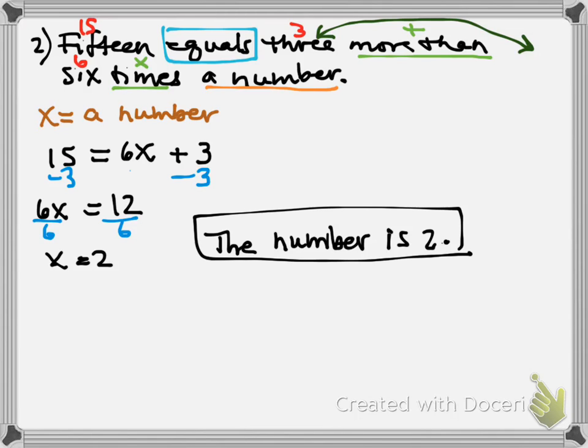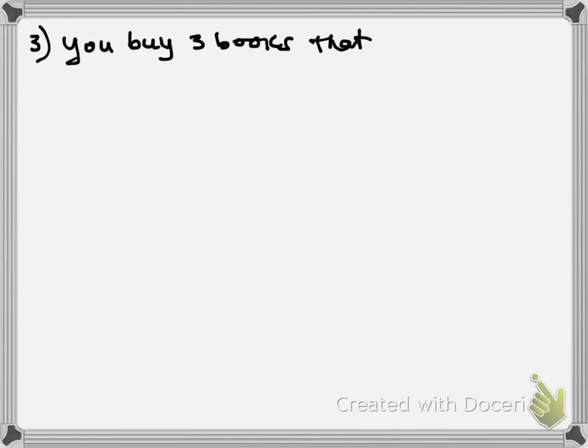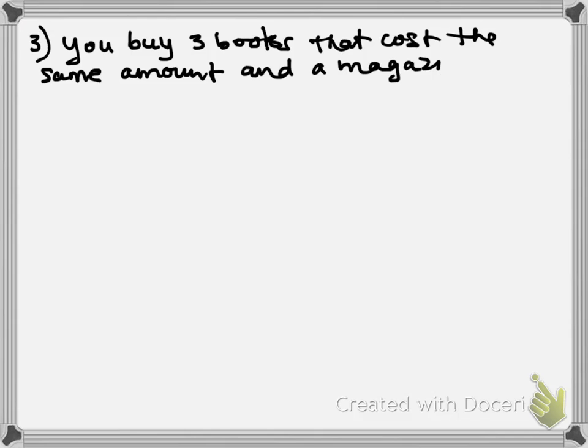Okay. So last example, number 3. You buy 3 books that cost the same amount and a magazine, all for $55.99.